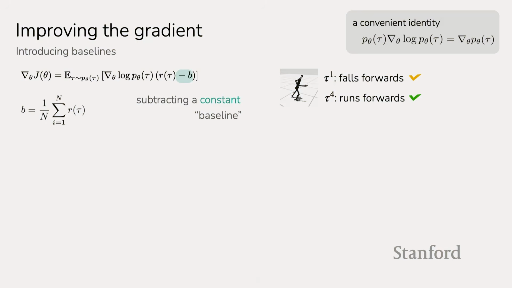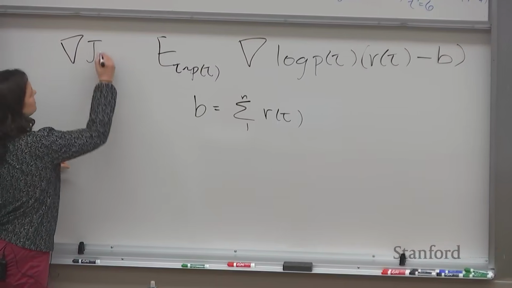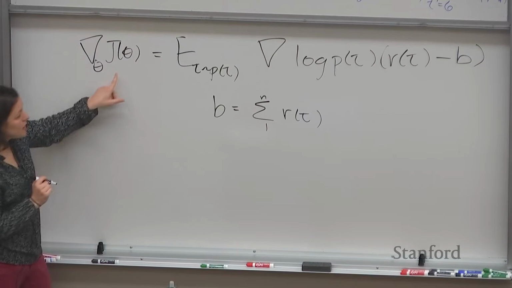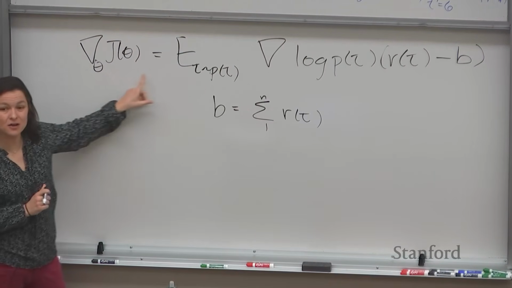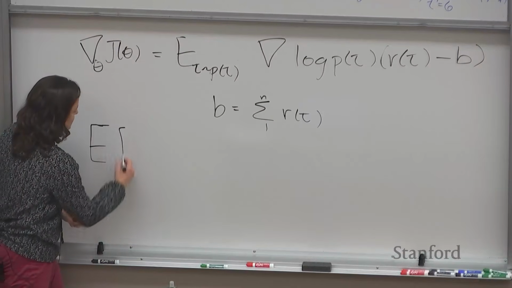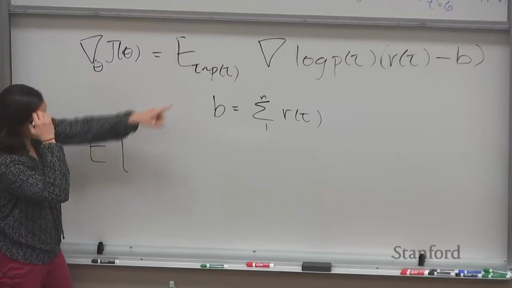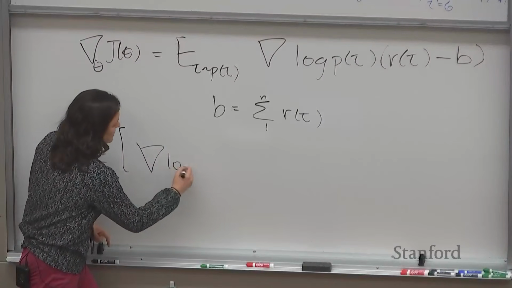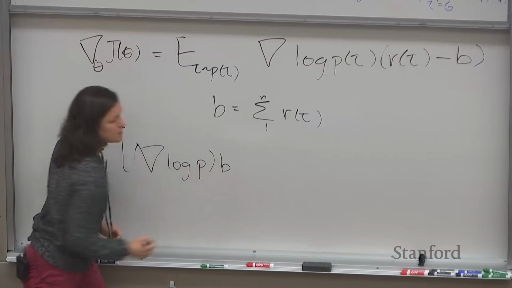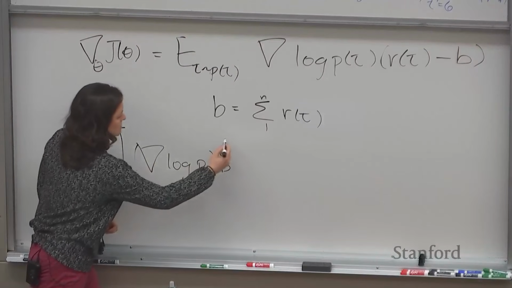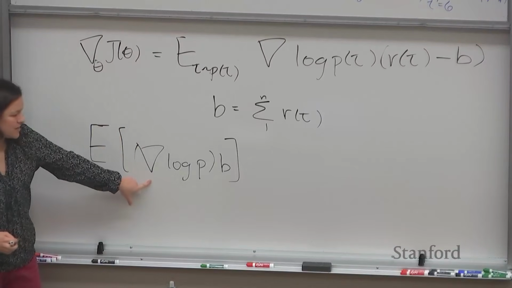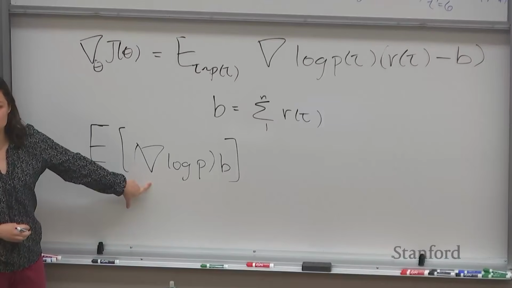So this is the gradient of J. If we look at the effect on the gradient in expectation, we can look at the expectation of grad log P times B. It's possible to show that this in expectation is equal to 0.